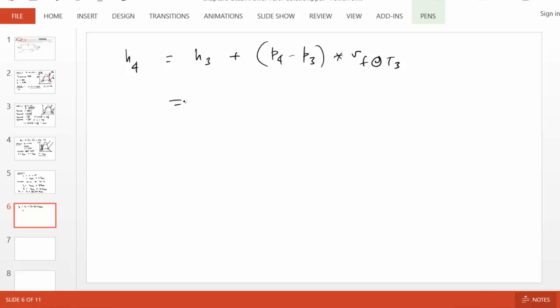We already calculated H3 to be 417.5, and P4 is 4 MPa, which is 4000 kPa, minus 100, times Vf at T3.